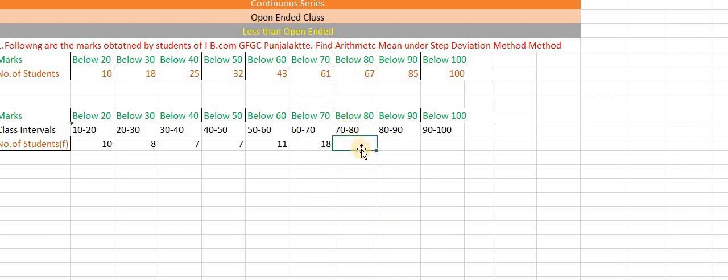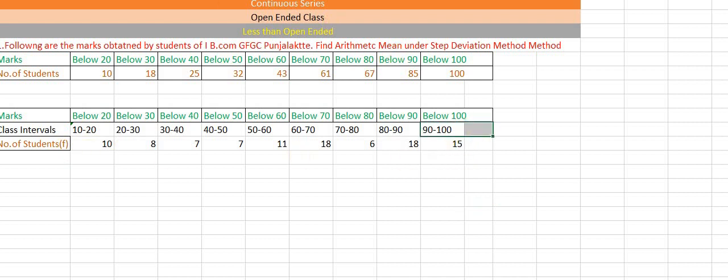And here 67 minus 61 is 6. And here 85 minus 67, so it is 18. And here 100 minus 85 is 15. So like that, we calculate each individual class interval's frequency.